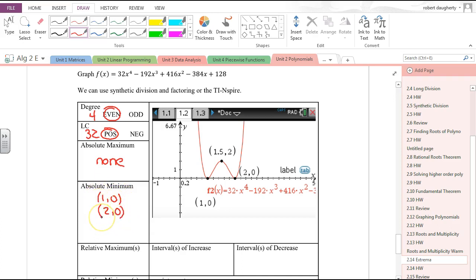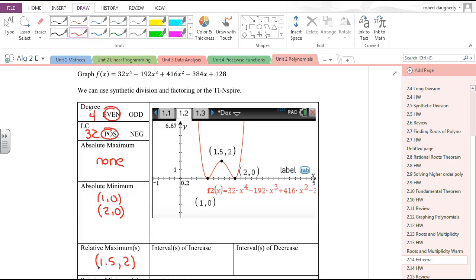Okay. Is there a relative maximum? Yeah, that's at 1.5 and 2. Okay, is there a relative minimum in this case? No, I've already got these 2 minimums are absolute. There's no other minimum, okay?